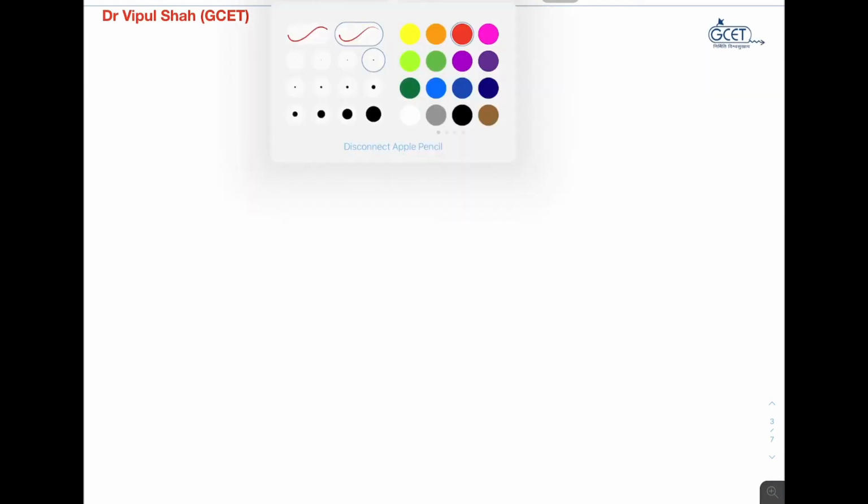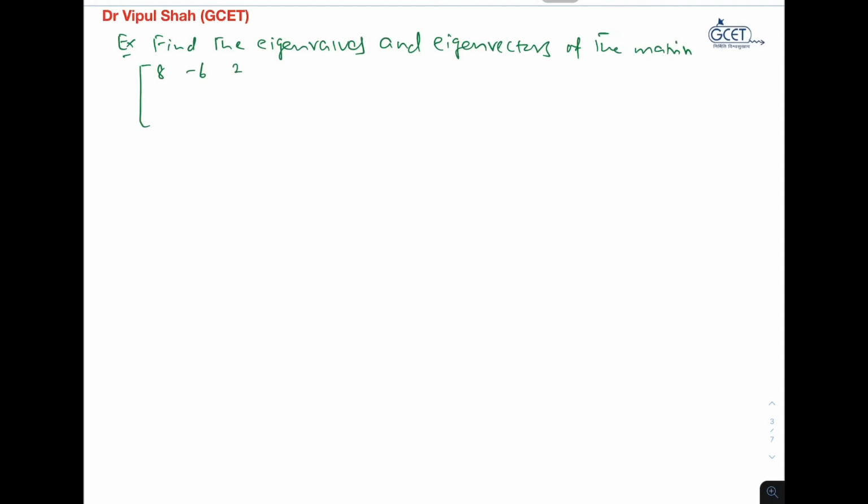Find the eigenvalues and eigenvectors of the matrix 8, minus 6, 2, minus 6, 7, minus 4, 2, minus 4, 3.